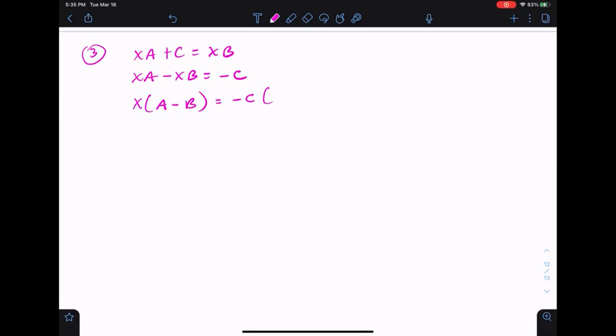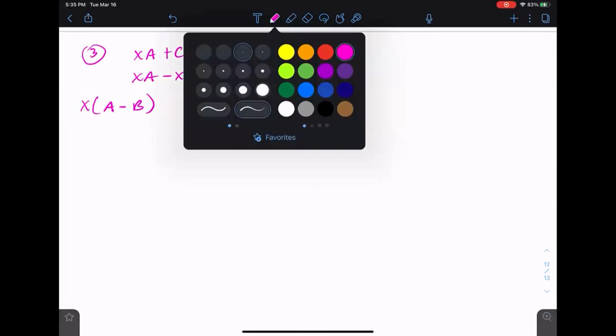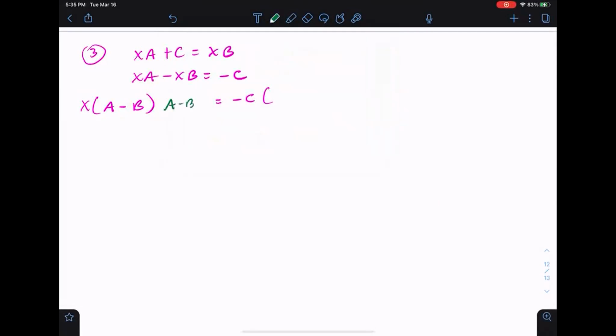So let me show you what I mean by inverse to the right. I have to do here (A minus B) inverse, the same thing on the right side of the equation. A minus B, -1, so this cancels out. You get X equals -C times (A minus B) inverse.